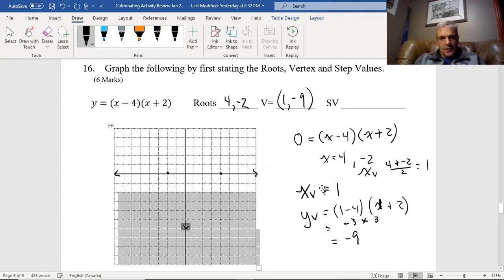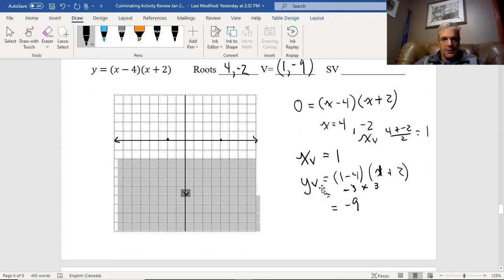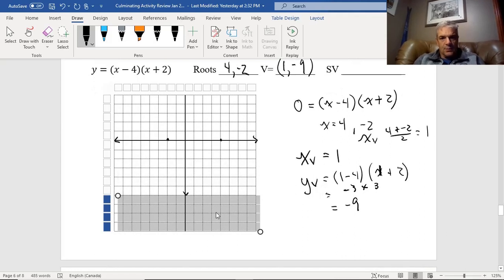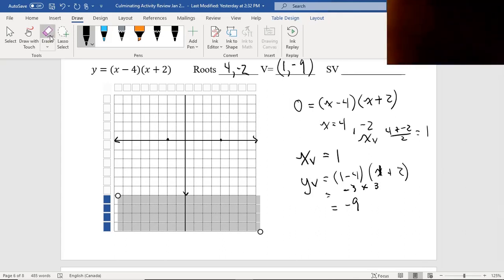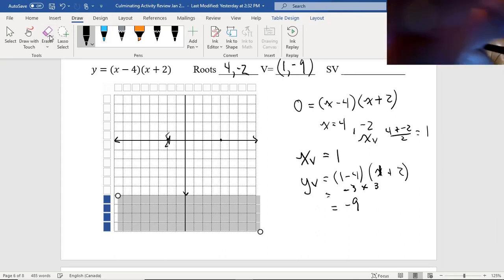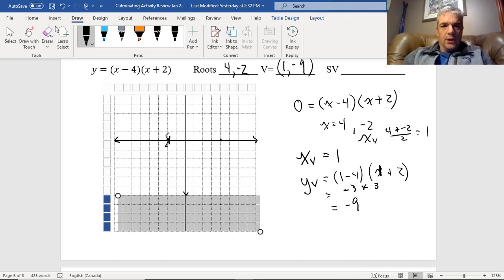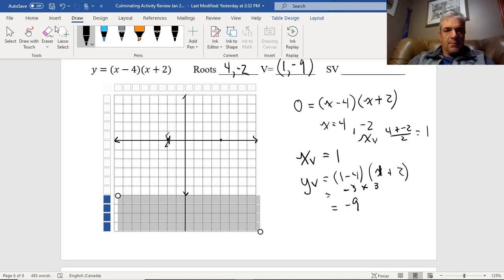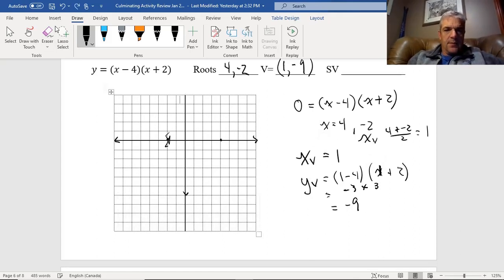That should give me enough room now, does that give me 9? I hope so. Now of course my eraser doesn't want to work, so you're going to have to bear with me. Oh, actually that's okay. There we go. Hang on a second here.